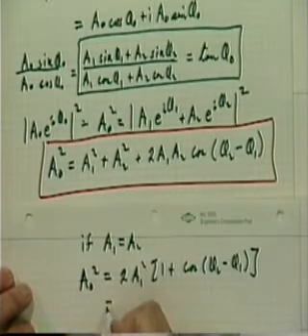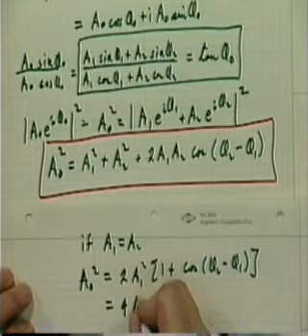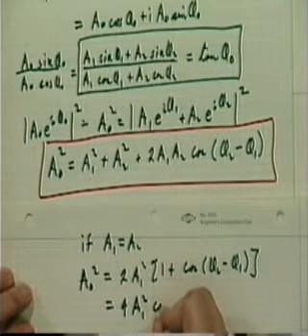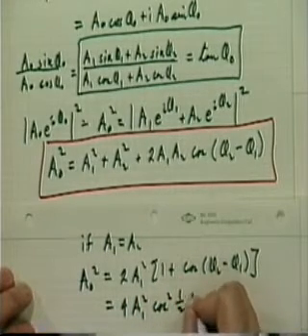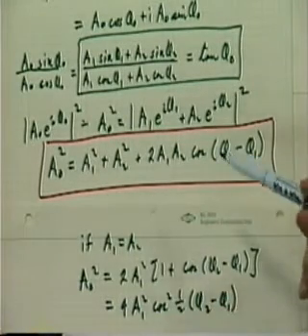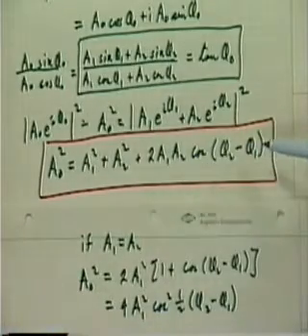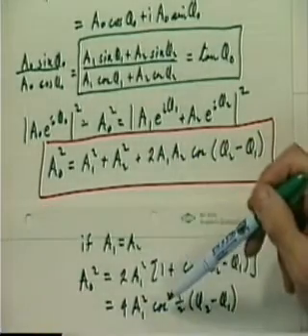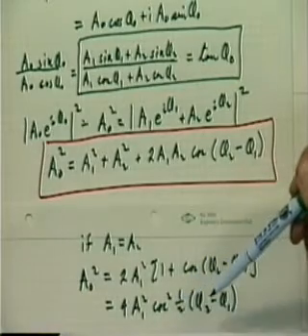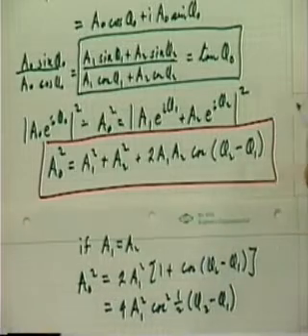And if you want to go to your trig identities, you can rewrite that as 4 A1 squared cosine squared of one half phi 2 minus phi 1. So these, what we're going to call interference fringes, you can think of them as cosine fringes, or you can think of them as cosine squared fringes. It's really equivalent. So anyway, this is a very important result here.